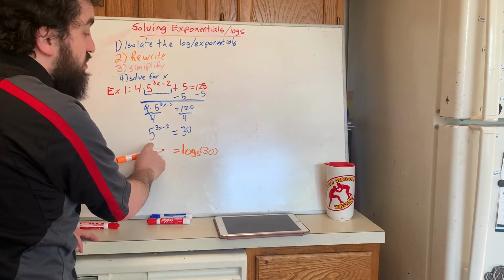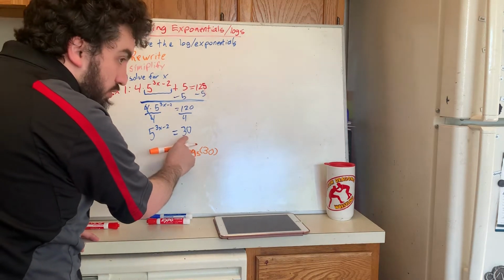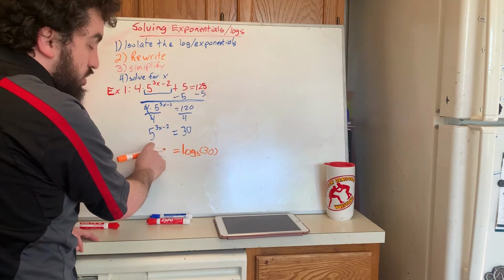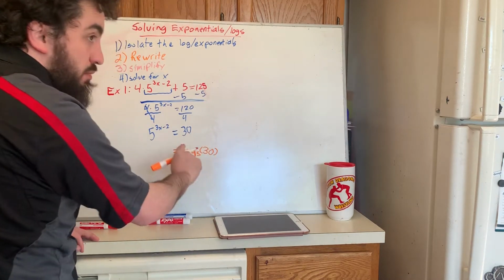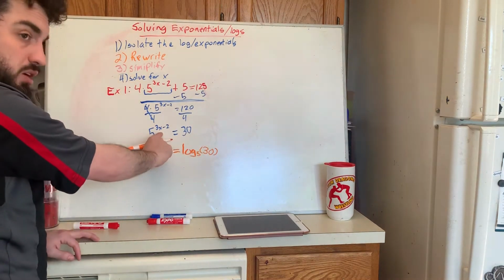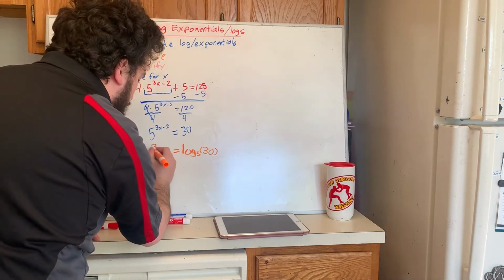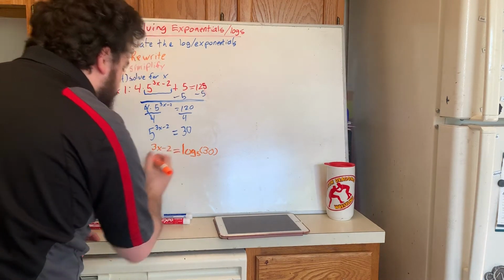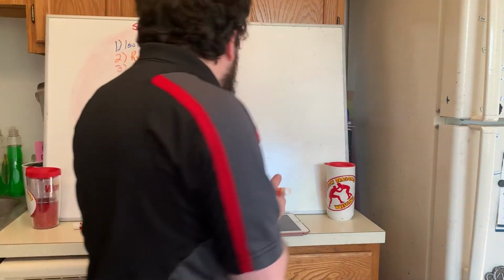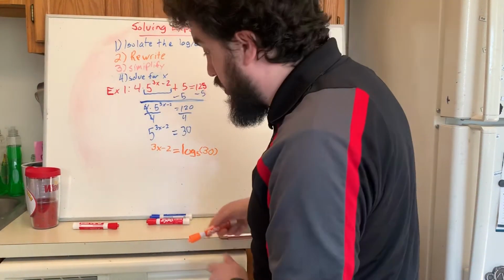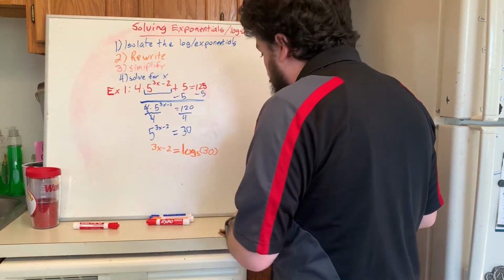The log base 5 of 30. So I took the base from the exponent and the answer here to create my log. Now that will equal what the exponent was here, 3x minus 2.